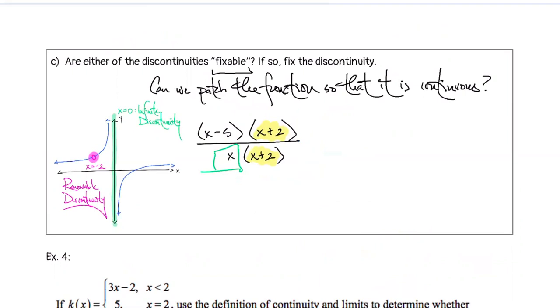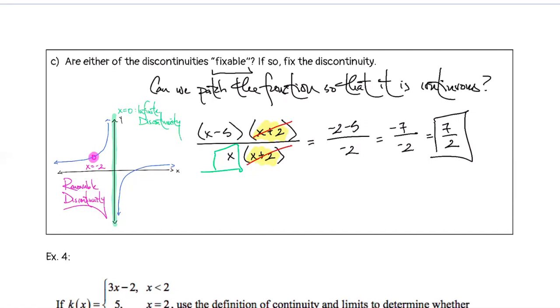Once we factor and reduce the factors that are common between the top and bottom, we want to plug in -2. So -2 minus 5 over -2 gives us -7 over -2, or 7/2. And so if we say that at x equals -2, we plug in a point at y equals 7/2, then we will have fixed that discontinuity.